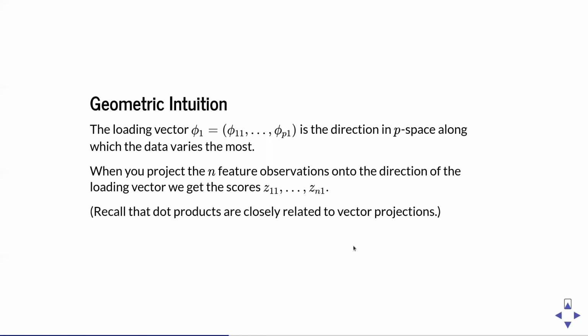So if we go back to this geometric intuition, the first principal loading vector is the direction in p space along which the data varies the most. The second principal loading vector is the vector that's perpendicular, or orthogonal, to the first loading vector, along which the data varies the most.